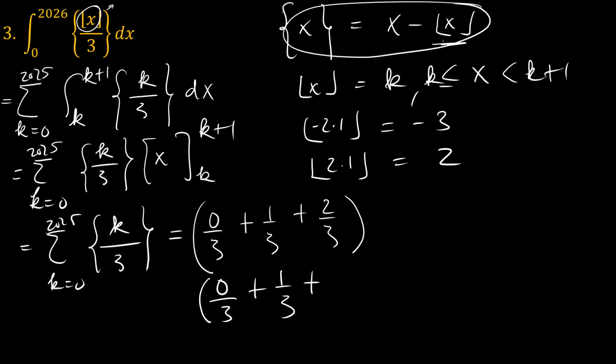And when k equals 5, we have 2 over 3. And we continue on and on.